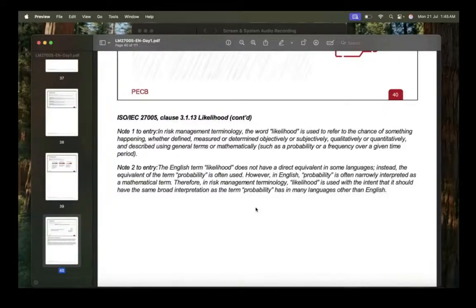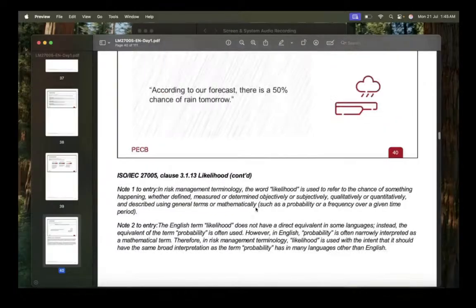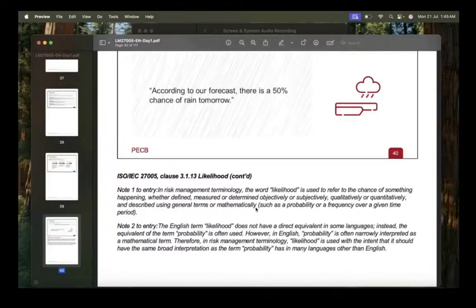Similarly, in risk management, likelihood is the keyword that is used. So they work in parallel in English: probability is used in mathematical terms, and in risk management terms likelihood is used. So this is a point to be noted here, what exactly likelihood means.